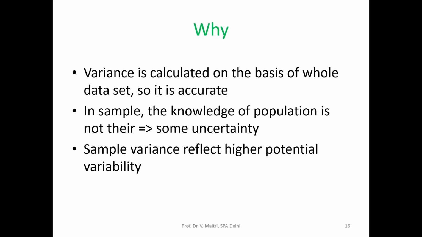That is the main crux of today's discussion. Because there is some uncertainty, it means data variability is there, so it shows a higher potential of variability.